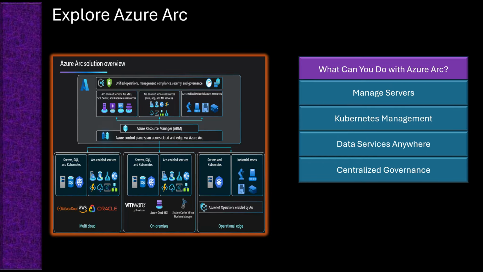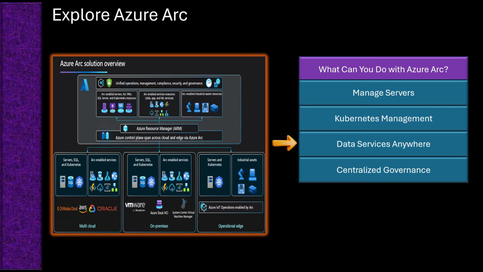You can do a number of things using Azure Arc. You can use Azure Arc to manage Linux and Windows servers across your environments. You can monitor performance, apply security policies, and automate updates. You can bring Kubernetes clusters under Azure management and use tools like Azure Policy and GitHub for consistent operations.